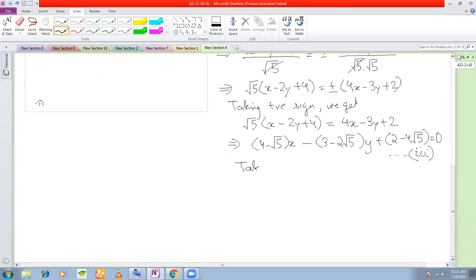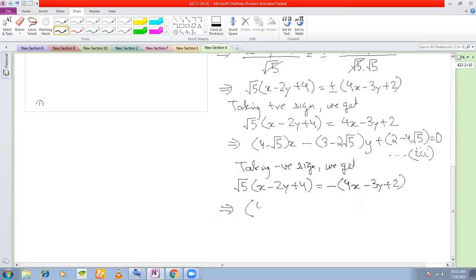Now we take the negative sign. Taking negative sign, we get root 5 into x minus 2y plus 4 is equal to minus 4x minus 3y plus 2. Okay. So now again, you take the x and the y's together.